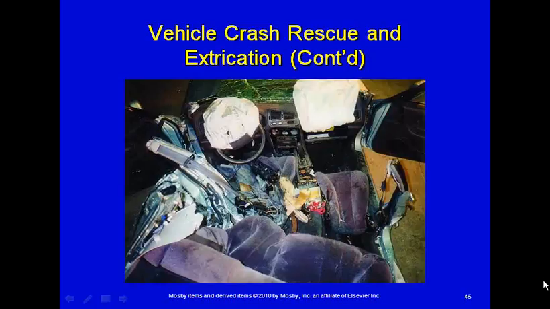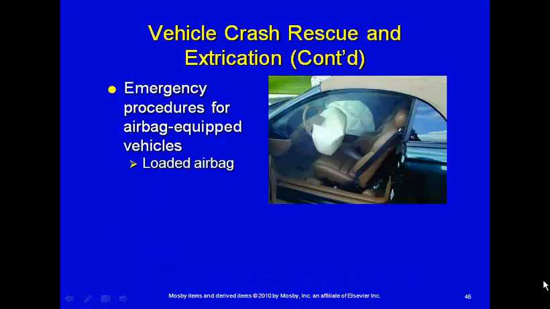This too is the same, where it looks like the roof has been peeled back, and we've got a deployment of the passenger and driver's airbag.